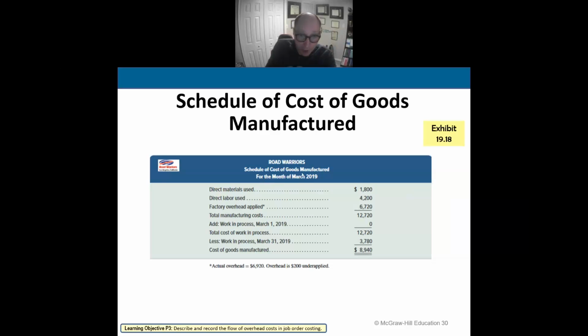The schedule of cost of goods manufactured, which we talked about earlier: direct materials plus direct labor plus factory overhead equals total manufacturing cost, plus beginning balance equals total cost of work in process, minus ending balance work in process equals the total cost of goods manufactured.